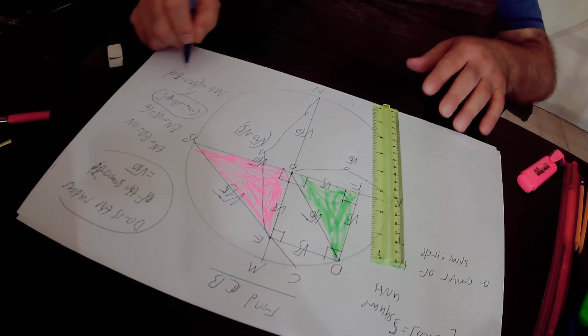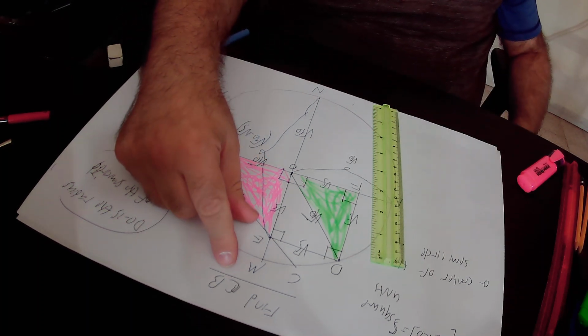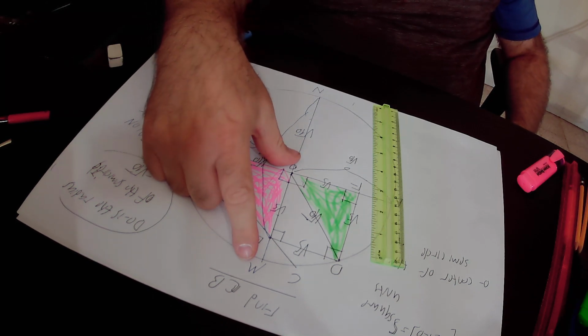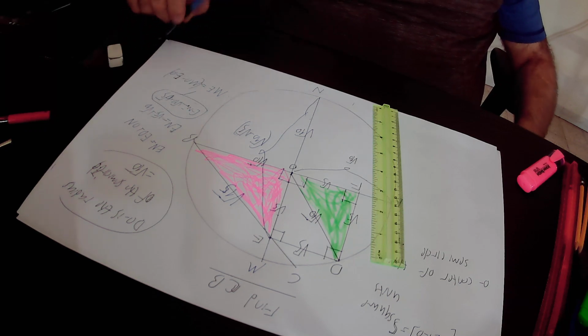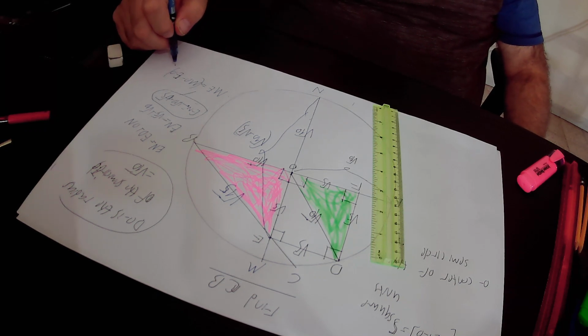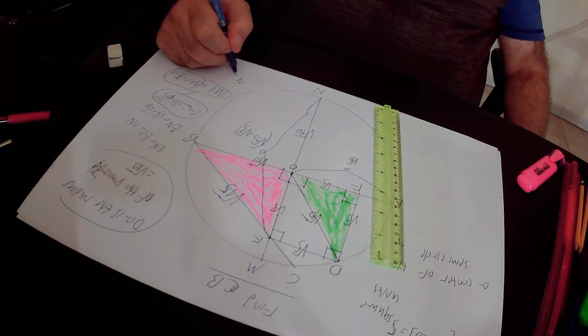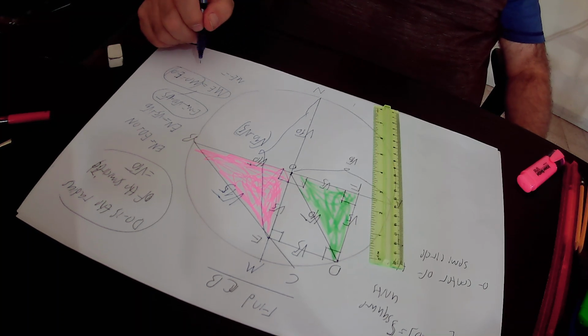I repeat again, ME equals MO minus EO. Very simple, we can see it easily from the drawing. So ME equals MO.